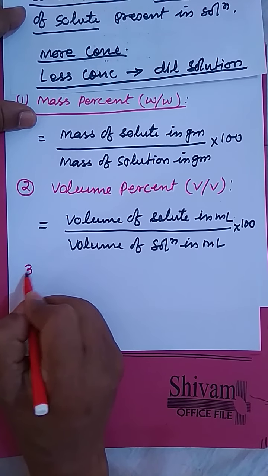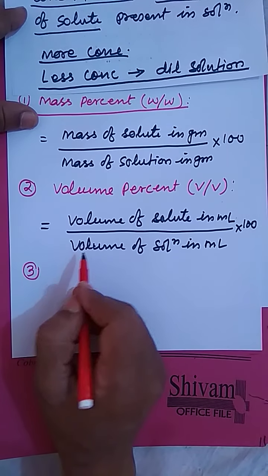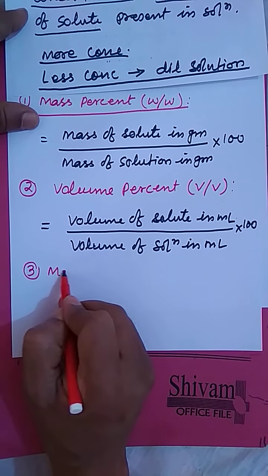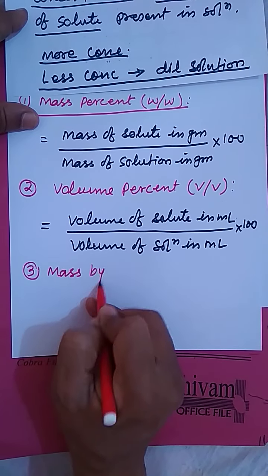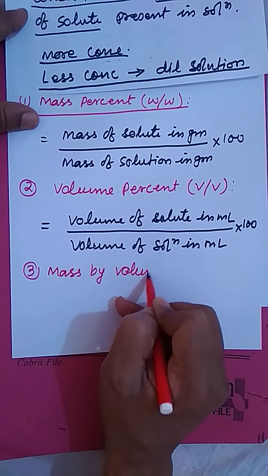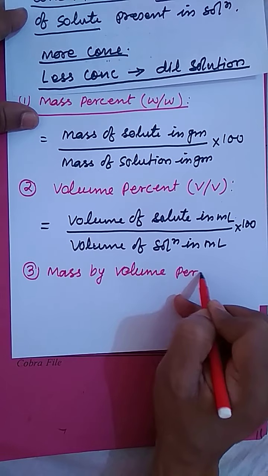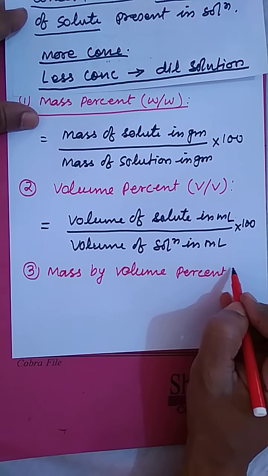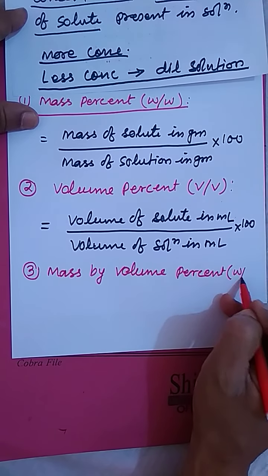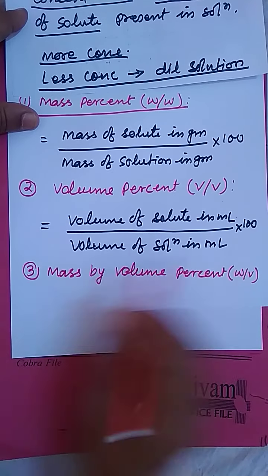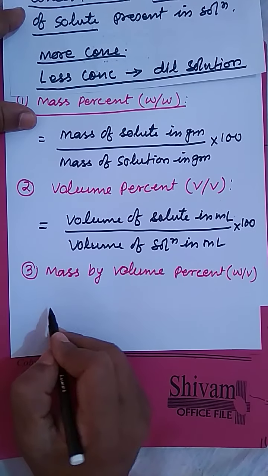Third one is mass by volume percent. You can write here W by V. So similar formula is there.